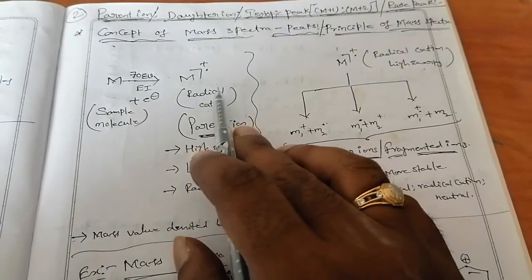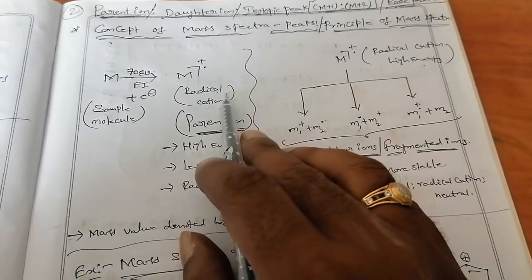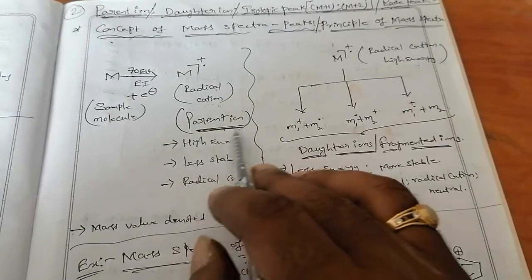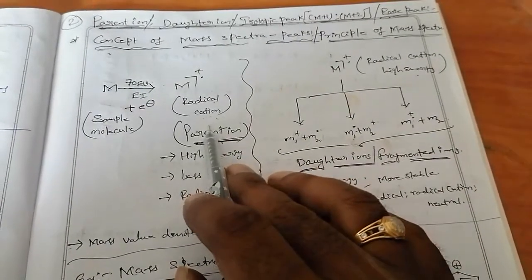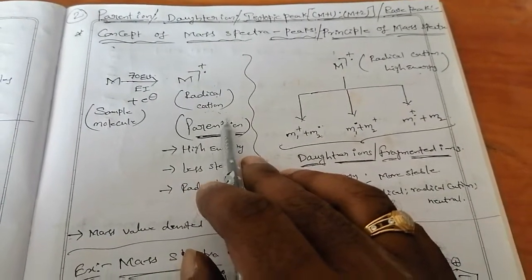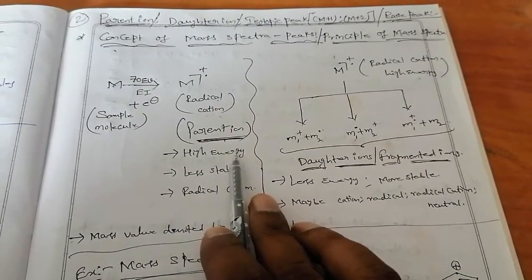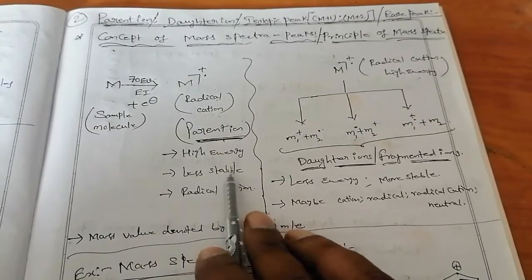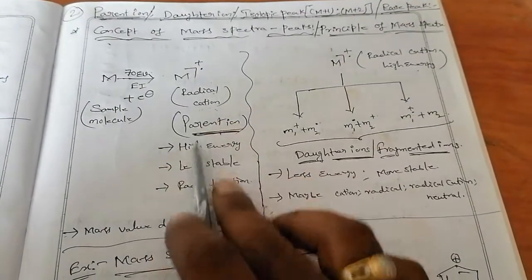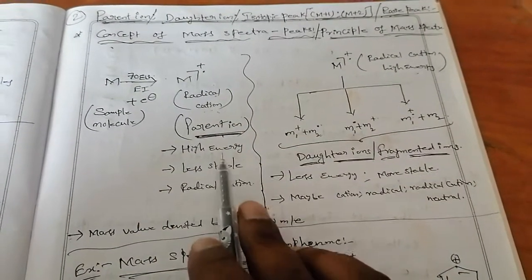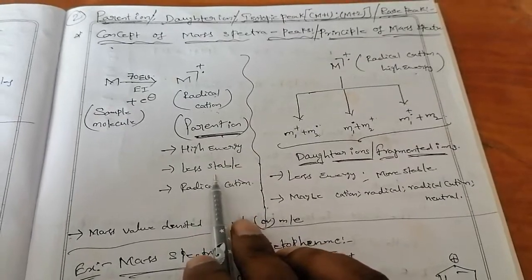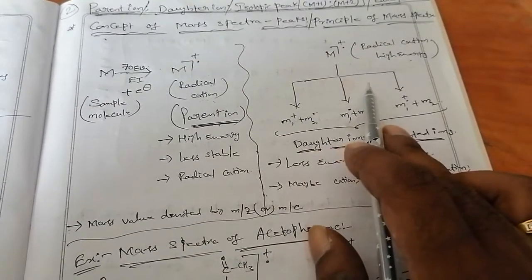This radical cation is associated with high energy and is also called the parent ion. Due to high energy it is less stable, so it undergoes further fragmentation.